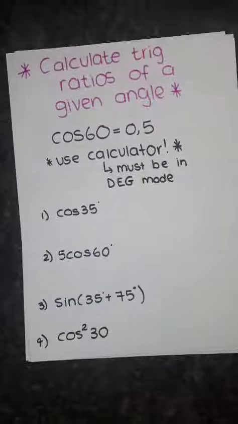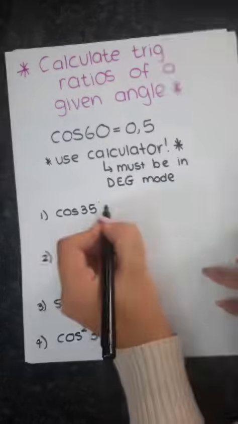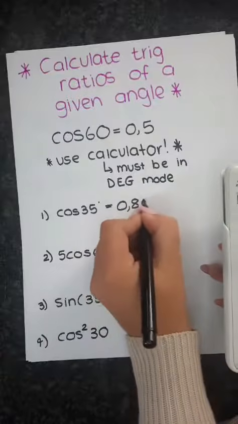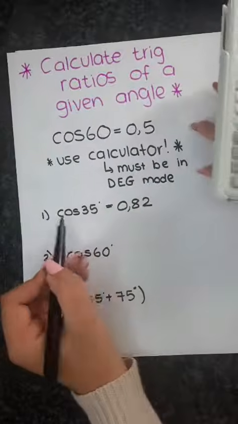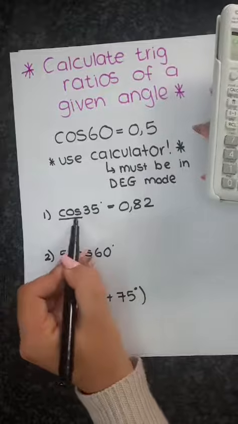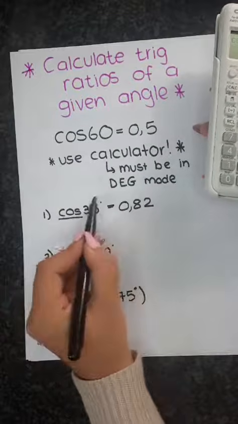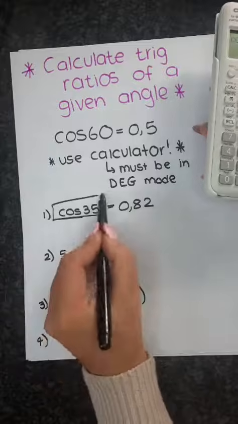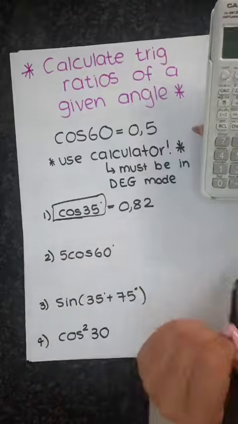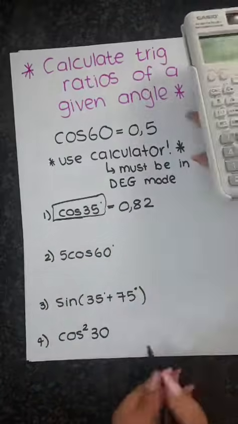If I do cos 35 equals, let's round it off to 2 decimal places. Cos 35, 0.82. Remember, the trig ratio, this cos, sine, tan of an angle, represents a value, and this is the value of that, 0.82, rounded off to 2 decimals.